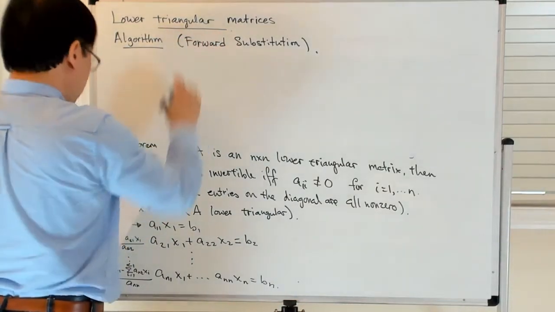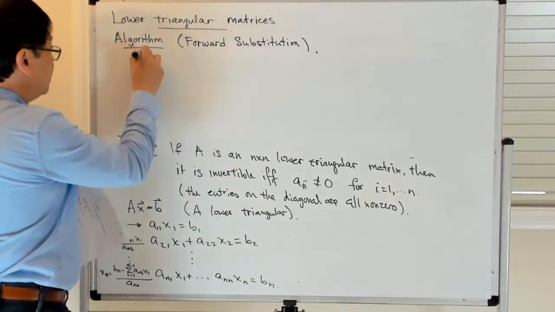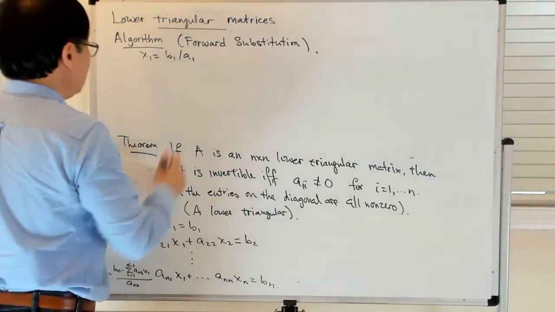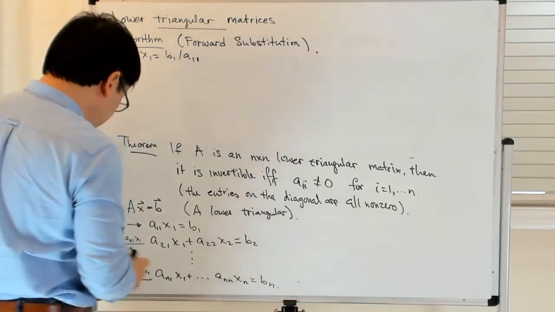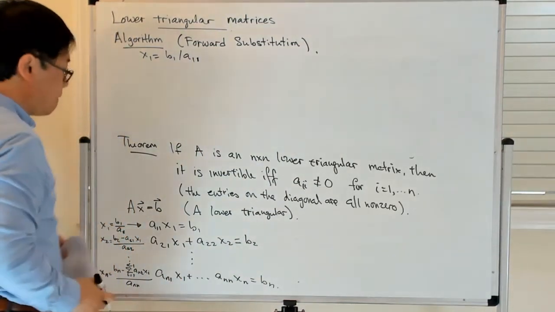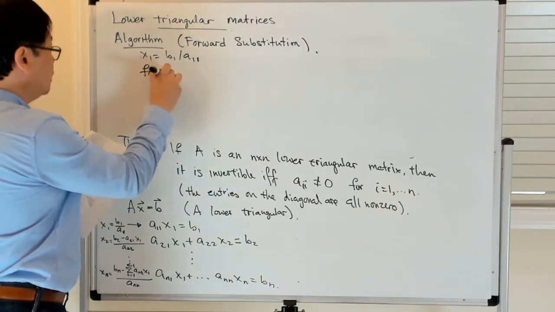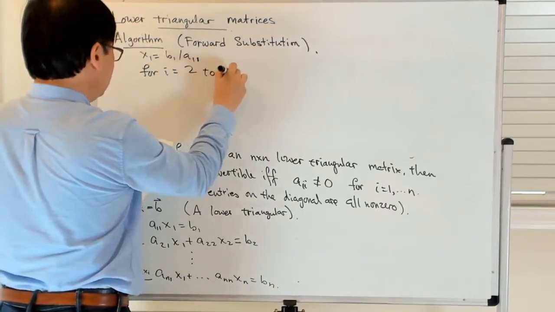Anyway, let me try to write down algorithmically what this is. So x1 is b1 divided by a11. Okay, and then for i equals 2 to n, you do the following.